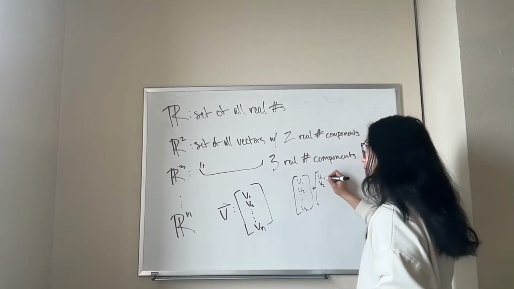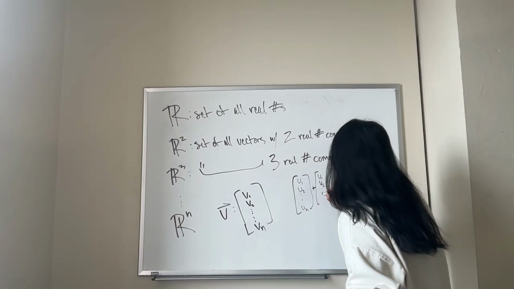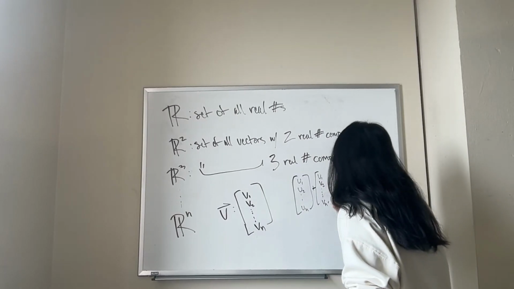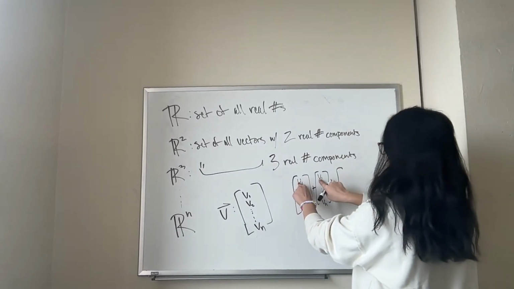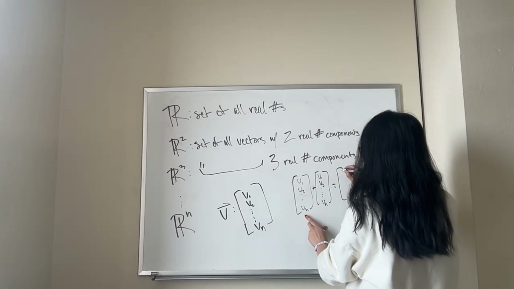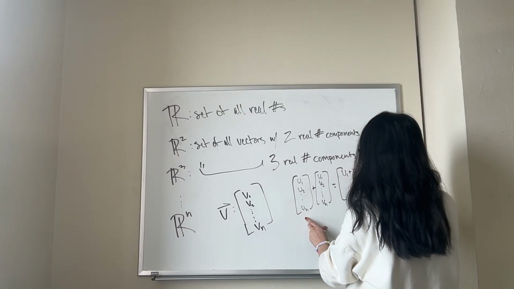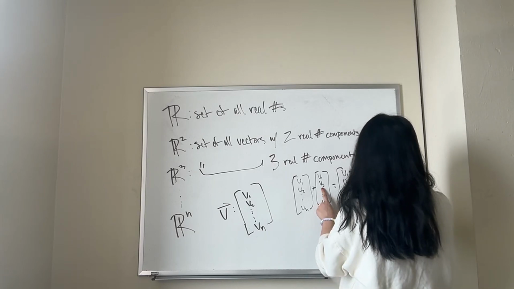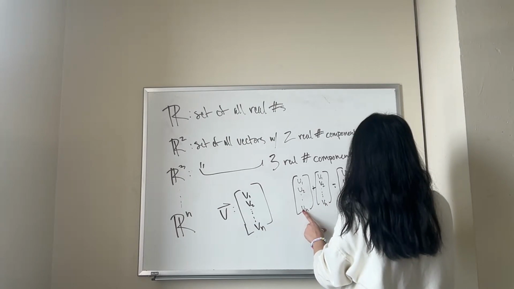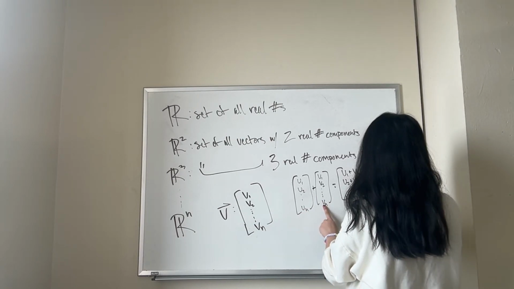So we're going to list all the v vector components, v1, v2, all the way to vn. And we still do that by just individually adding each of the components. So u1 plus v1, and then u2 plus v2, all the way to un plus vn.